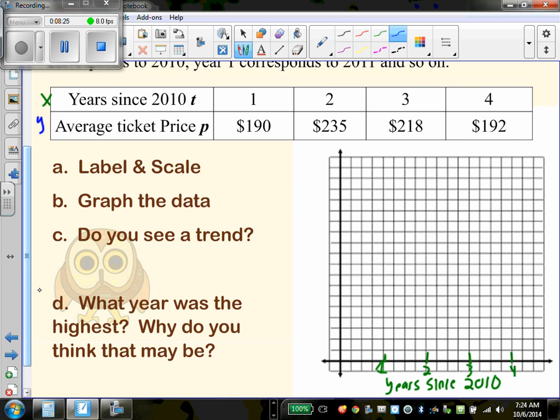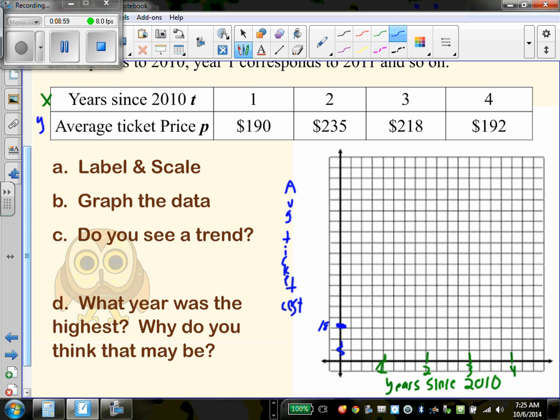On the other side, we have average ticket prices. Notice that our lowest value for average ticket cost is $190. So one thing we can do is we can skip a bunch of values, and we're going to do that. So just make a little jagged line here to indicate the graph is kind of crumpled up, and we're starting, let's say we started about $180.